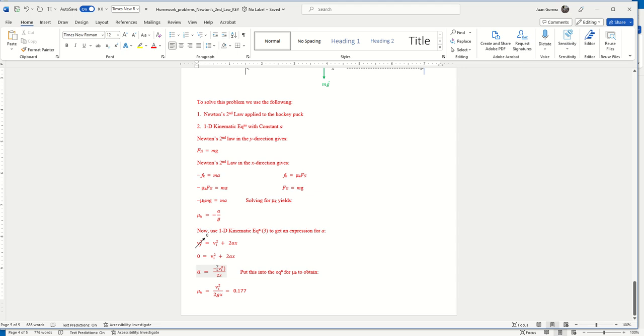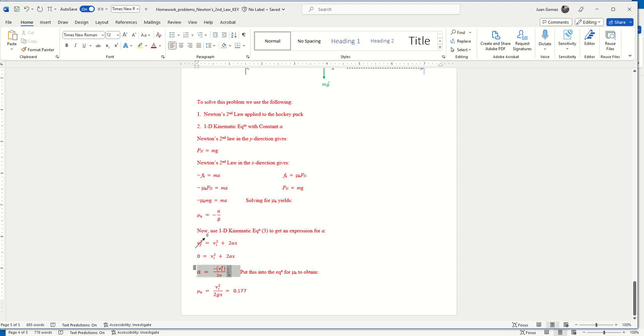I'm going to take this expression for a, and I'm going to put it right in the equation for mu. So I have minus a over g. What I'm going to do with a is replace it with minus vi squared over 2x. Well, the minus signs cancel. In other words, don't be confused.